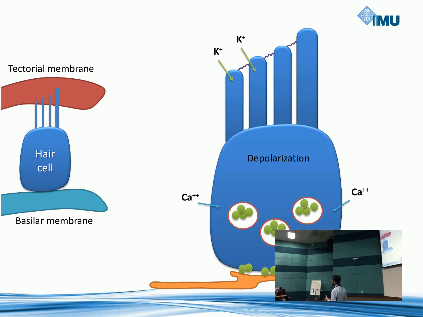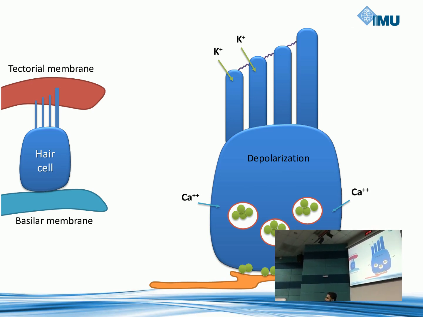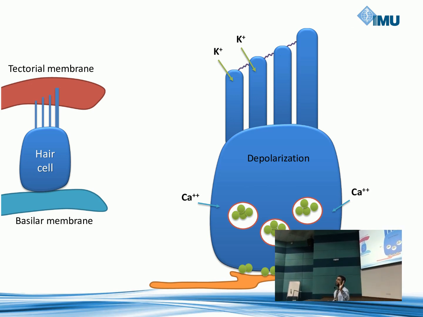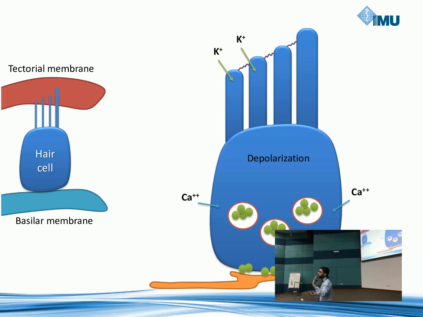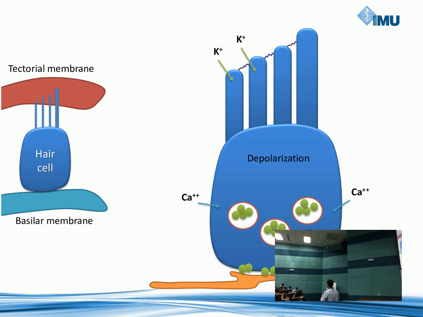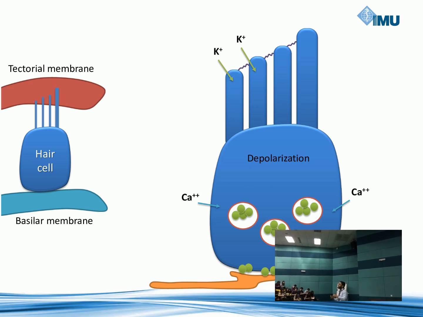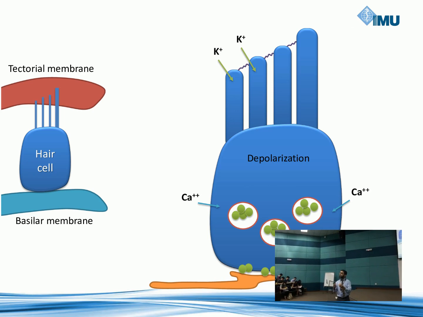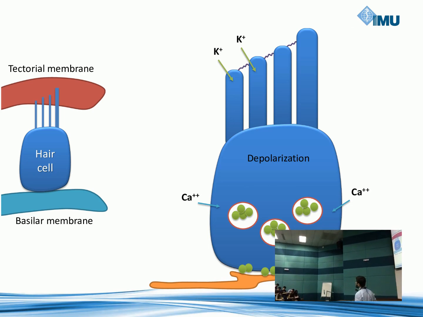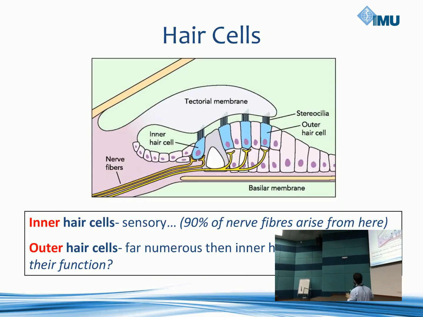When neurotransmitter is released, it causes stimulation of the nerve fiber and the signal will go to the brain. It's easy. So bending of stereocilia, opening of potassium channels causes depolarization. Depolarization causes opening of calcium channels towards the basal side of the hair cells. Calcium enters in, causes release of the neurotransmitter. Okay, so this is about the hair cells.